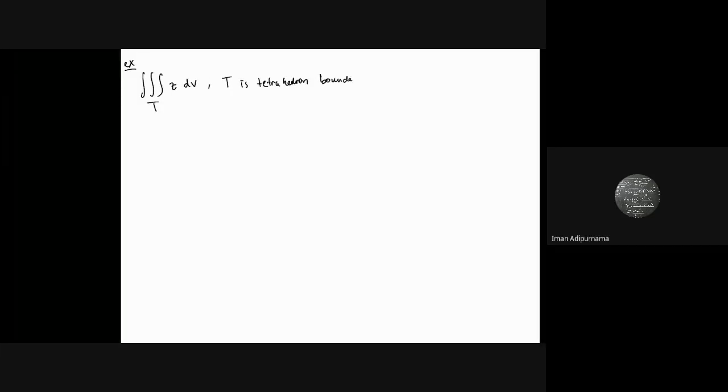Let me write the triple integral of z dV, where T is the tetrahedron bounded by the plane x plus y plus z equals 1.